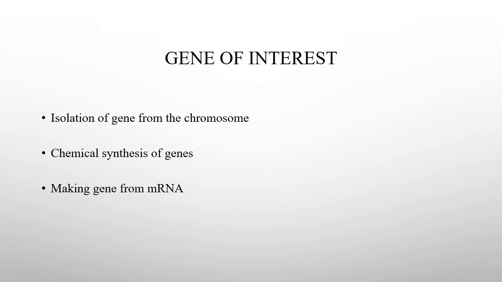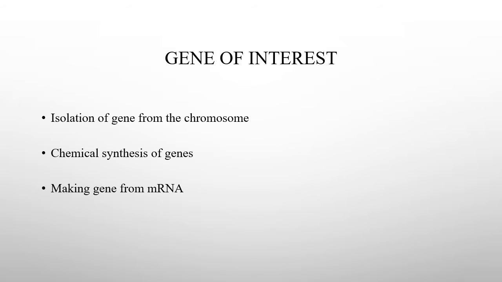So firstly, in the first step we isolate the gene of interest. Isolation of a gene from a chromosome is one of the basic steps, one of the prime jobs in genetic engineering, because firstly we have to identify which gene is responsible for making a certain kind of protein which we want to make.